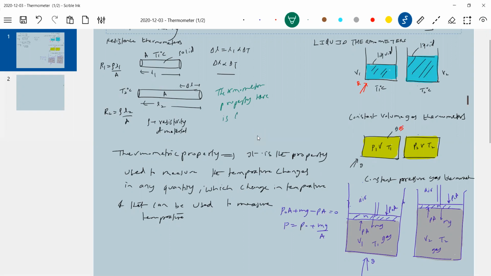Thermometric property, I'll write TP here. TP here is change in length. TP here is change in volume. TP here is change in pressure. What about TP here?